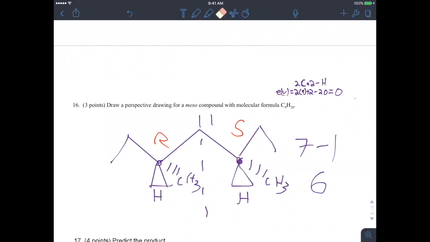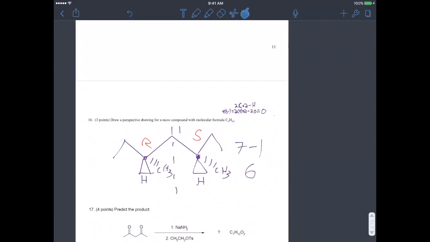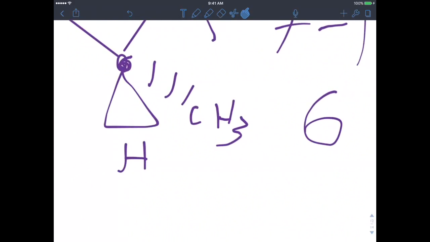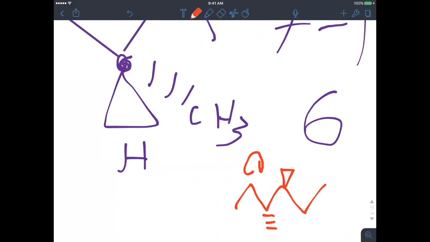A good rule of thumb is if the carbons are right next to each other and you have to draw a meso compound in perspective drawing, you need one to be wedged and the neighboring one to be dashed. That's because when you flip this on that single bond, you'll end up with them both being on the same plane.